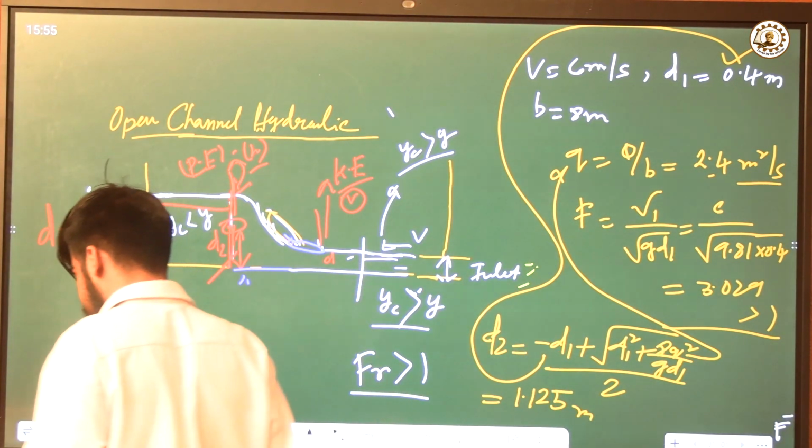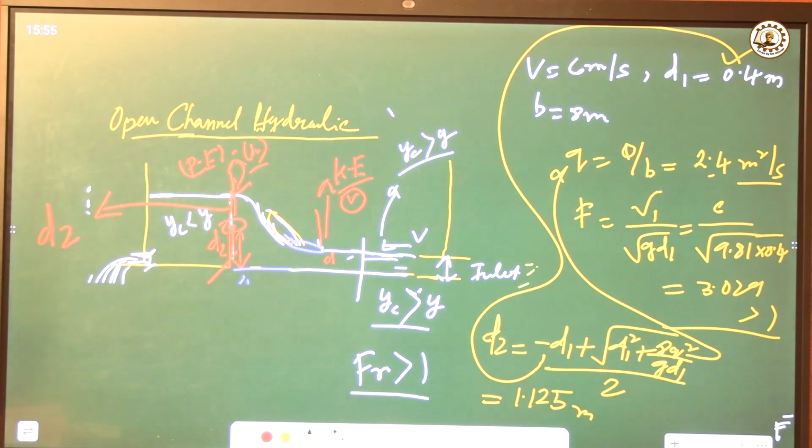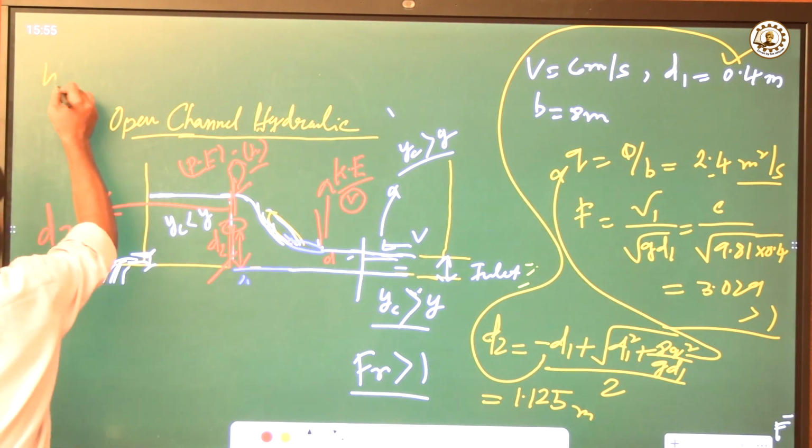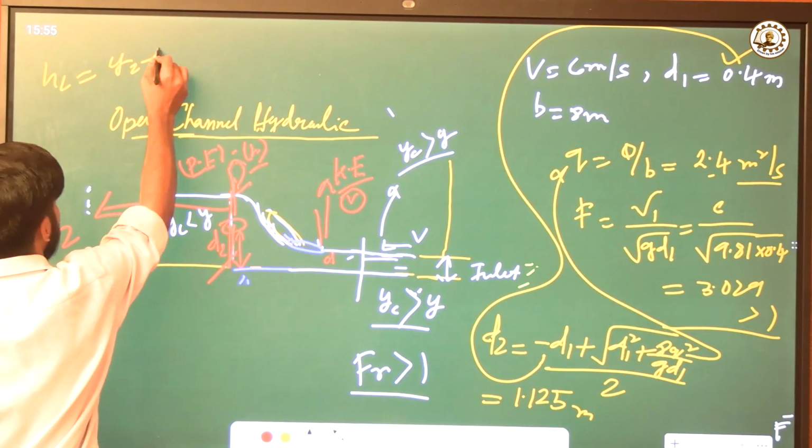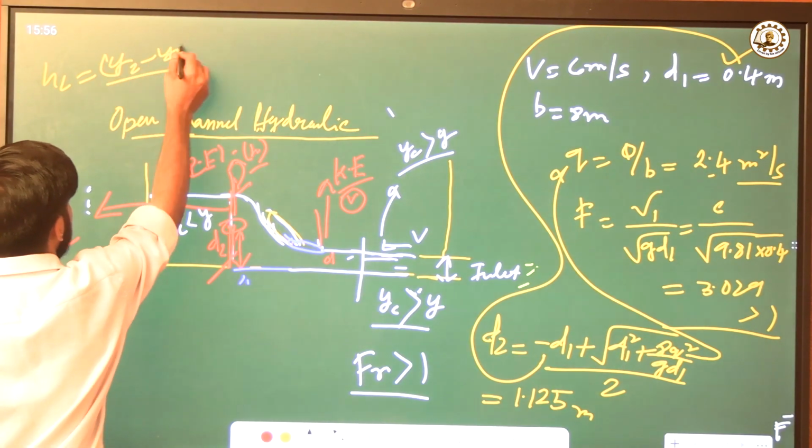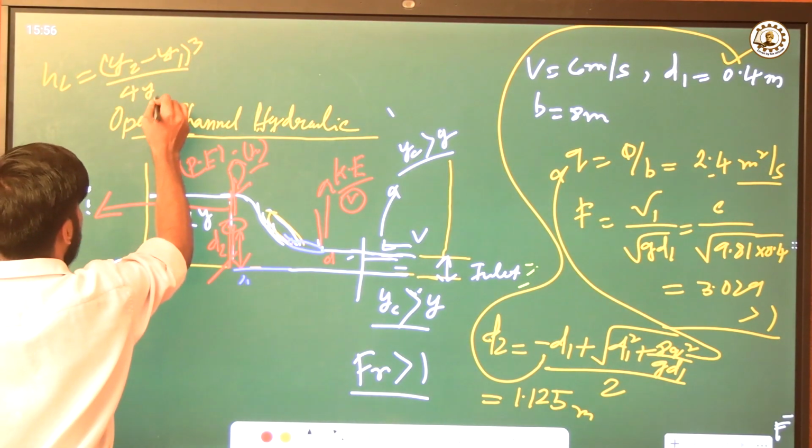Now they ask, what is the loss of energy? The loss of energy, HL, equals (Y2 minus Y1) whole cube over 4 Y1 Y2.